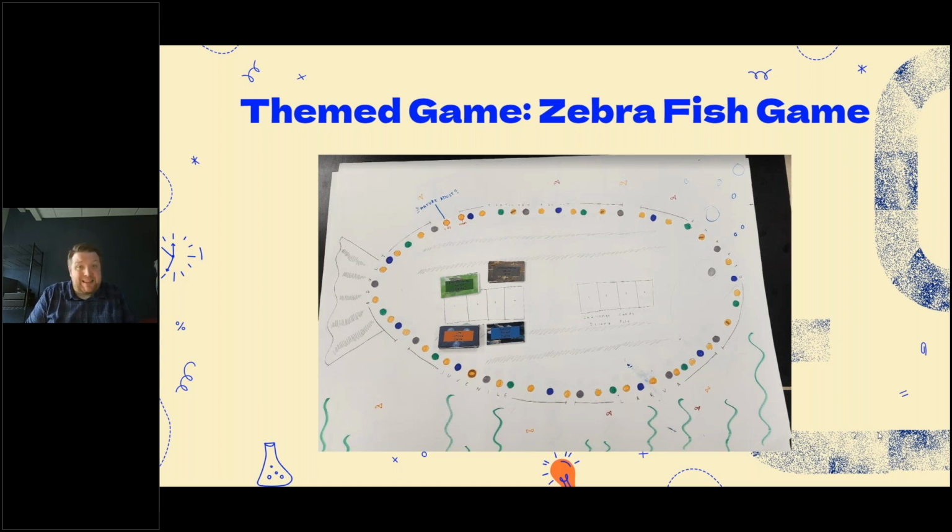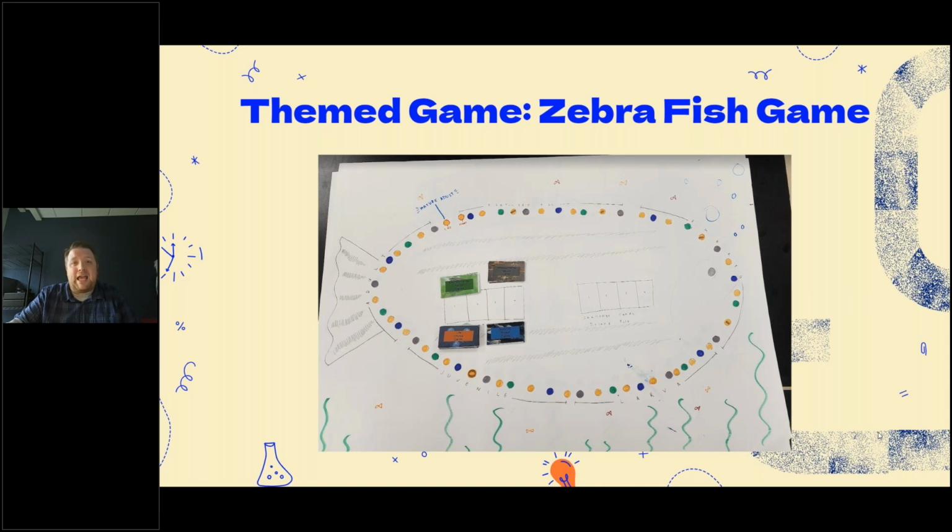This one here is something that I did with my students around zebrafish. I was working with middle schoolers, and we were studying the embryos and the development of embryos of zebrafish. I wanted them to really know about the different stages of development of the embryos. So I created the Secret Life of Zebrafish game. This is a picture, hopefully you can tell, of a zebrafish.